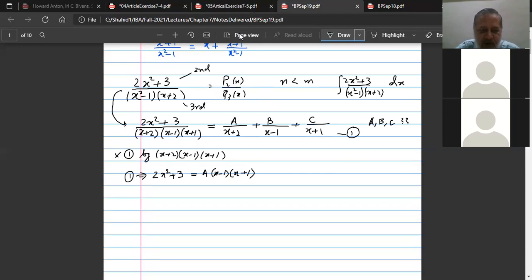When I multiply these three factors with the second term, x minus 1 cancel out, and we are left with x plus 2 and x plus 1 multiplied by b. Lastly, when this triplet is multiplied with the third term, then x plus 1 will cancel out, and we are left with c times x plus 2 and x minus 1.